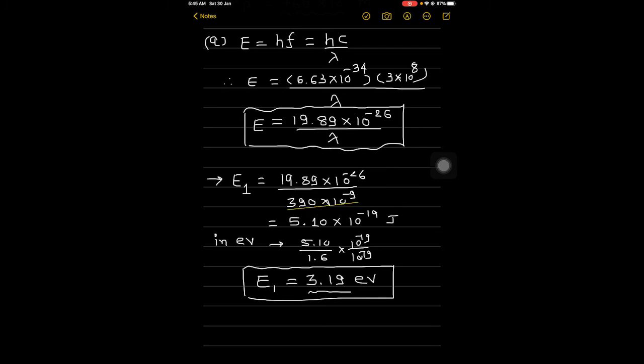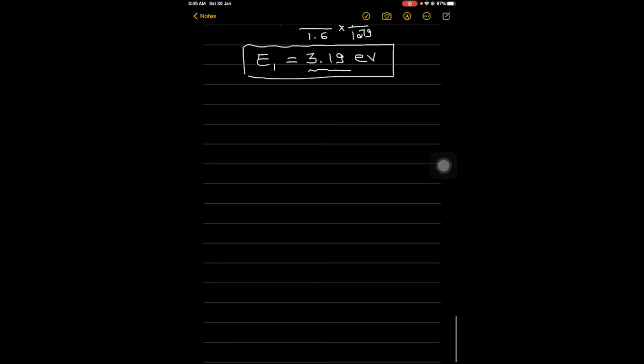Similarly, we have to find it for the yellow green end. For the yellow green end, that is E2, we are given lambda 2 as 550 nanometer. So we can say it is 19.89 into 10 raised to minus 26 divided by 550 into 10 raised to minus 9 meter.